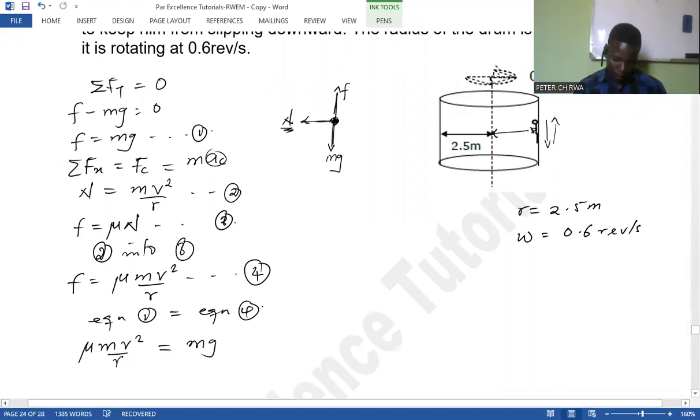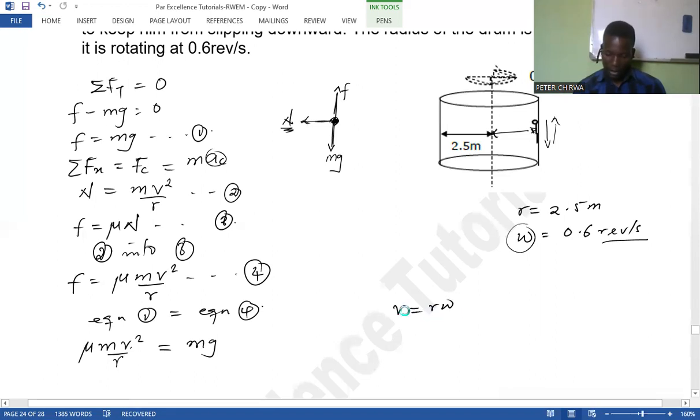All right. So now, also what you can see as well is that the angular speed we've been given is in rev per second, but here we have the tangential speed. So you can do what you want, but here we can convert. We know that v equal to r omega.